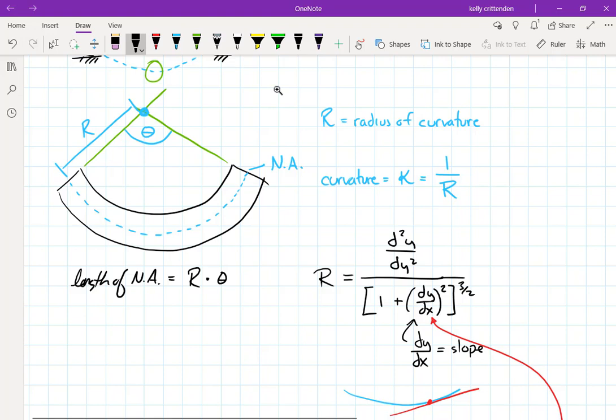And then I could pick some other line. Let's make a red dotted line. I'm just picking a random one. The length of this line is also an arc length, and it would be the distance from the same reference, but I've got to measure down to here. So I'm going to call that one the radius of curvature plus some amount y.